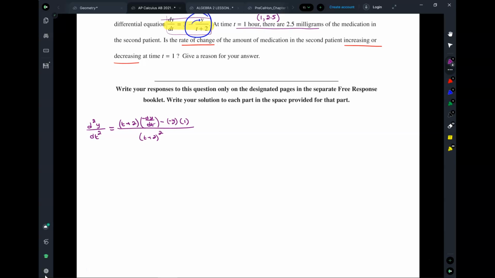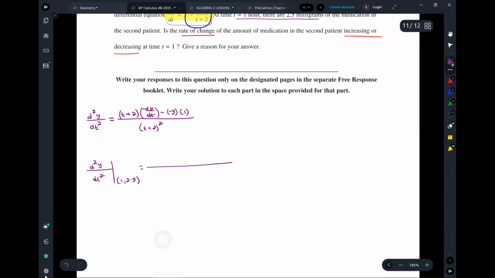So all I want to know is whether this is positive or negative at the point 1, 2.5. So let's evaluate this. At 1, 2.5, t is 1 and y is 2.5. So the first one, we get 1 plus 2, 3.